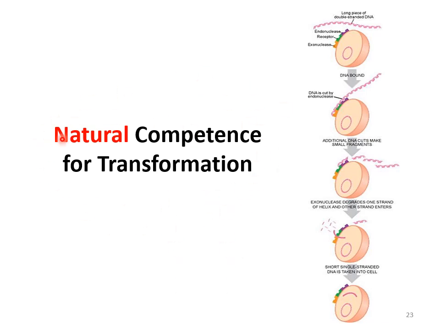For this one, what you notice is you have this long piece of double-stranded DNA. It gets recognized by a receptor on the outside of the naturally competent cell. And then next to that receptor, you have endonucleases and exonucleases. Okay, so the endonucleases will chop up that DNA.